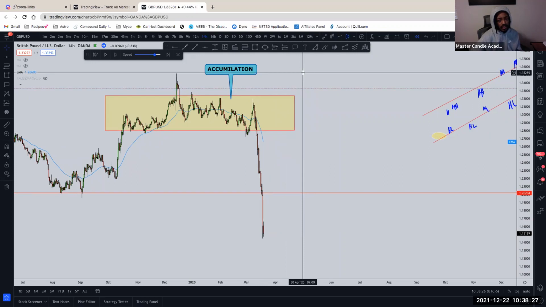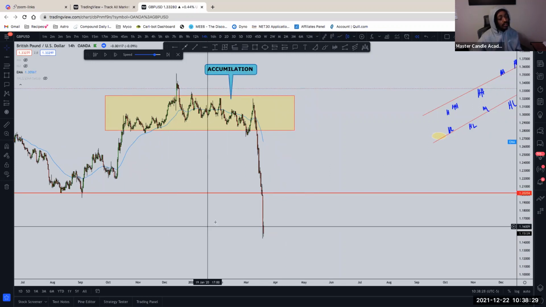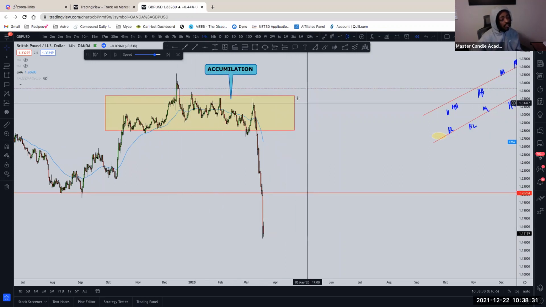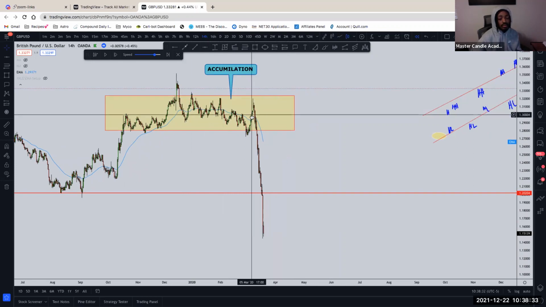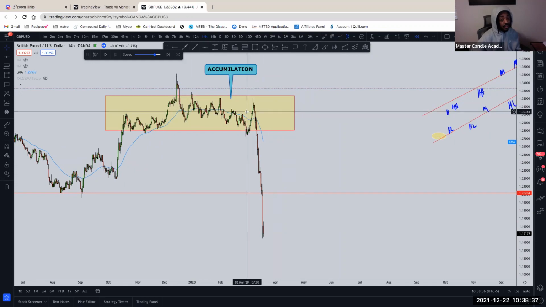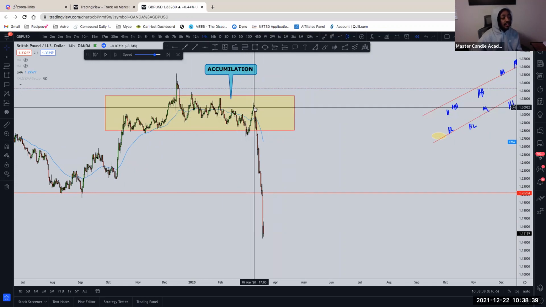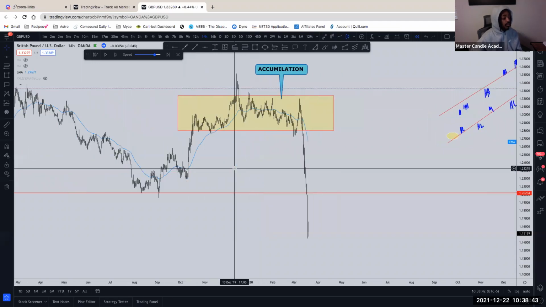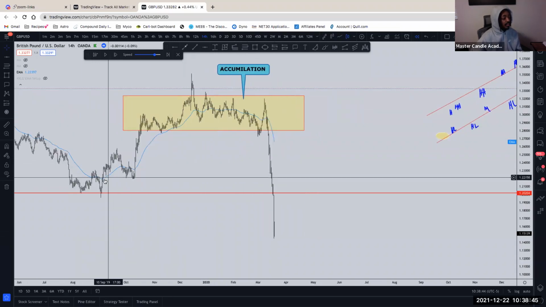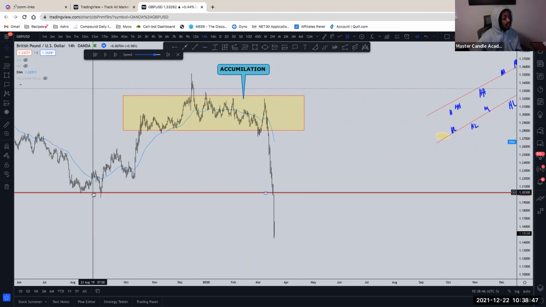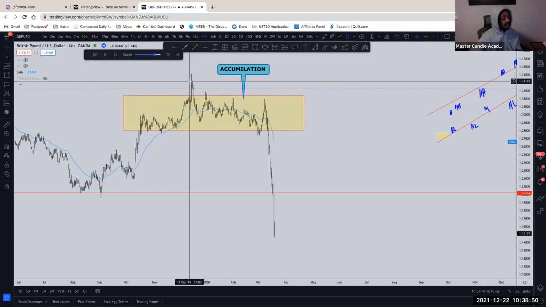To be honest, I would get out of a trade with a move like that, but we were never in the trade. We never entered the trade. We're just watching. That's what I'm trying to get you to understand: you've got to be patient. I wouldn't get in this trade right here, because we know that the market gave us a low and it gave us a high.